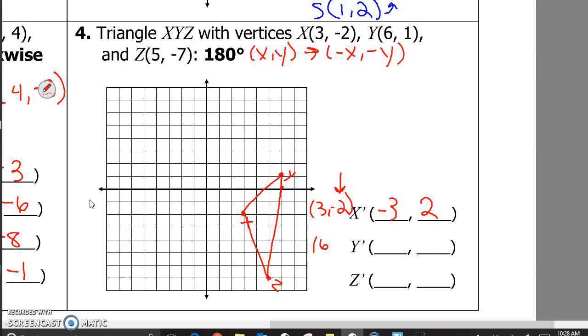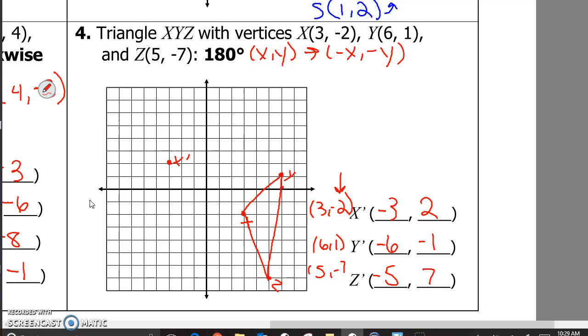For Y, it's 6, 1. Those are both positive, so now they're negative. Doing the opposite. And then 5, negative 7. So that's negative 5. And that is negative 7, so the opposite of negative 7 is just 7. So our new figure, now we've got is X at negative 3, positive 2.